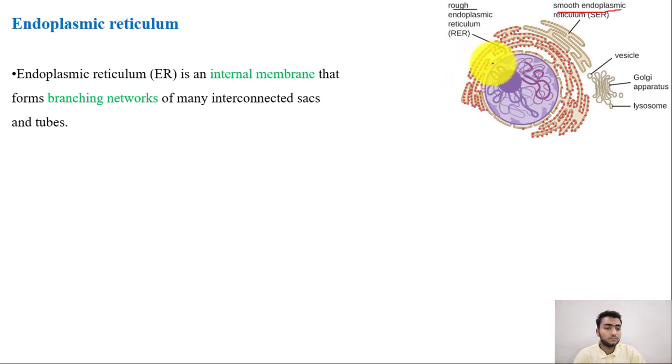So these stack-like structures, had there been no ribosomes, would be a smooth endoplasmic reticulum, and in the case of these small globular circular structures which are present around the endoplasmic reticulum, we call it a rough endoplasmic reticulum, and that's a differentiation that you really need to understand.